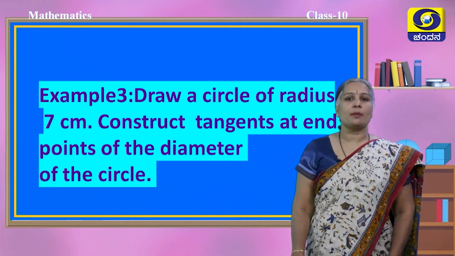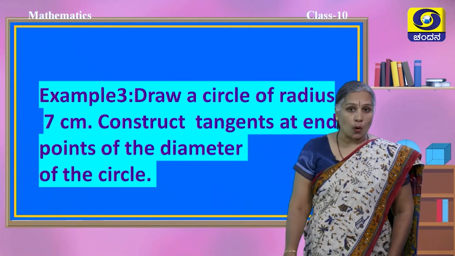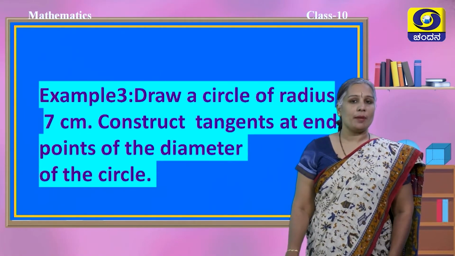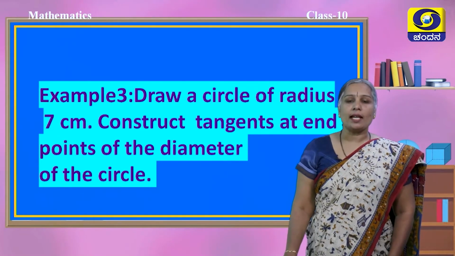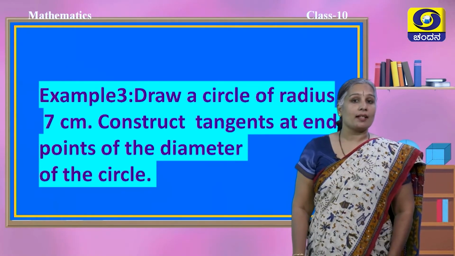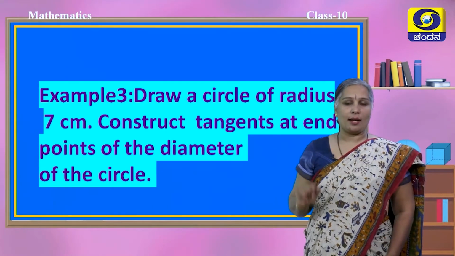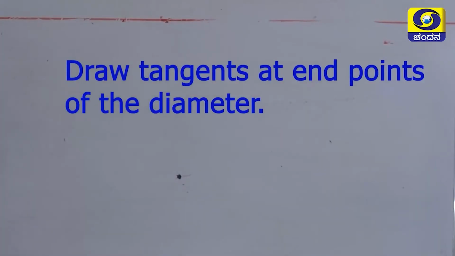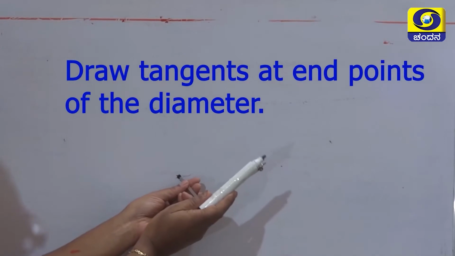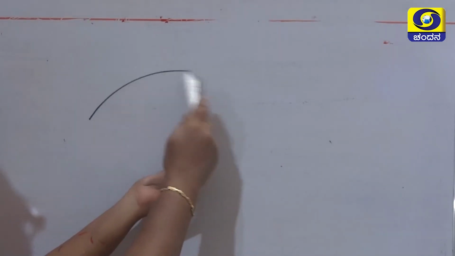Diameter is nothing but the largest chord. Two radii will make one diameter. Next work is to create two tangents at end points of the diameter. Let us do that. To do this construction, draw a circle of radius 7 cm.